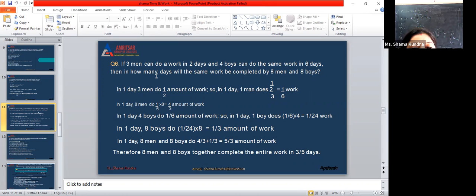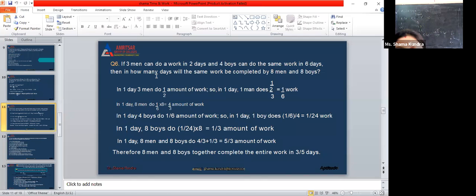What have they given? 3 men take 2 days to complete the work, and 4 boys take 6 days. 2 days and 6 days means 3 times, as 6 is 2 into 3. Now, if you look carefully, you will see that 4 boys take 3 times more time.